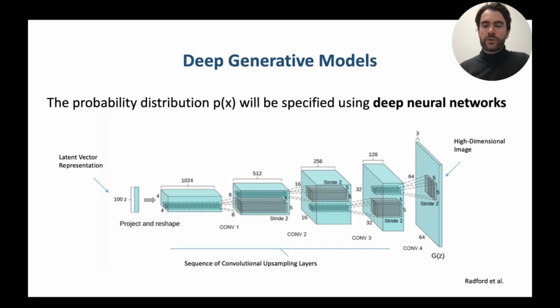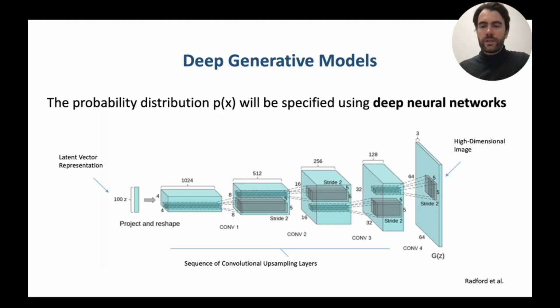And the reason why we are interested in deep neural networks is, again, because we are interested in building very complex, very expressive models that can fit the high-dimensional and complex data that we have. If we had simple scalar data, we could perhaps work with a simple Gaussian distribution. But here we are trying to model very high-dimensional complex data such as images, and therefore we need a very expressive probability distribution that can place probability mass precisely at the images that look like good images.